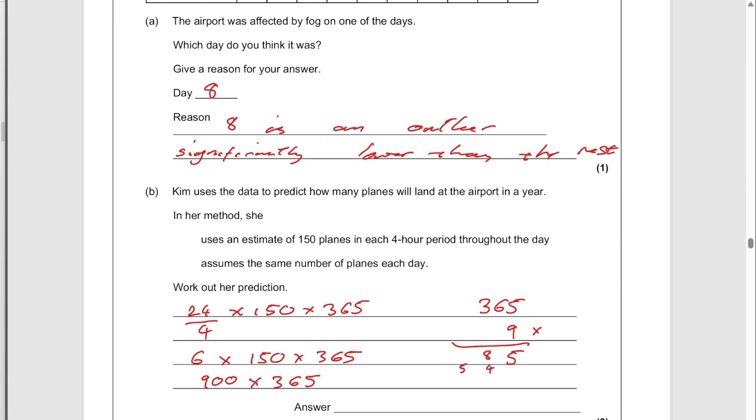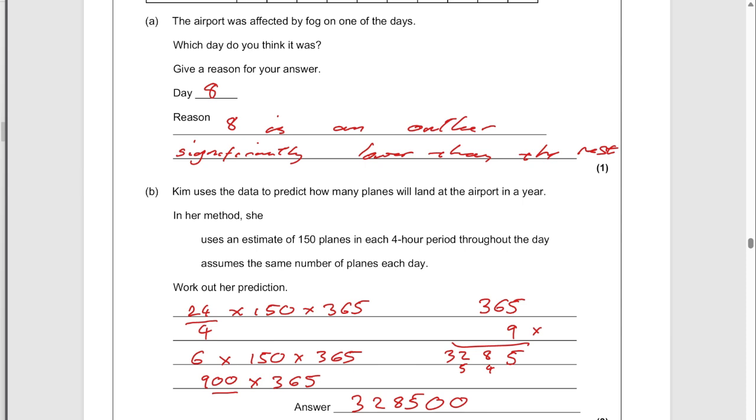And then 9 times by 3 is going to give me 27, plus the 5 is going to give me 32. So I'm going to go 3285. I missed off 2 zeros here, so I'll put them on here, and that's going to be my answer.